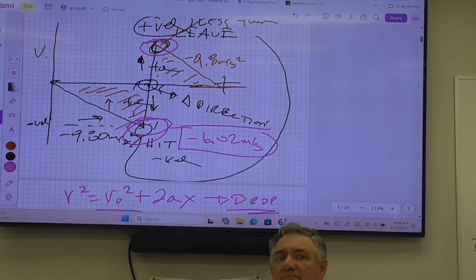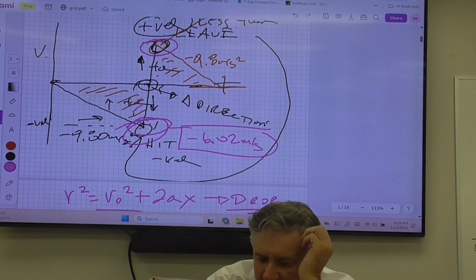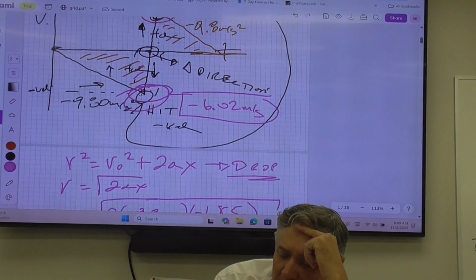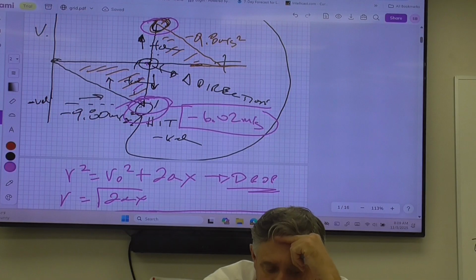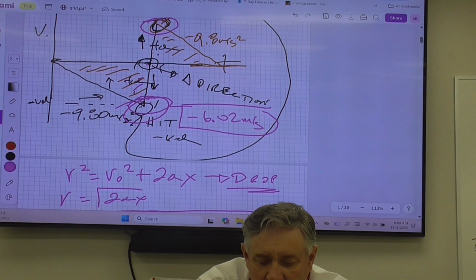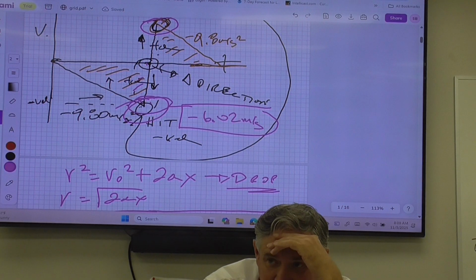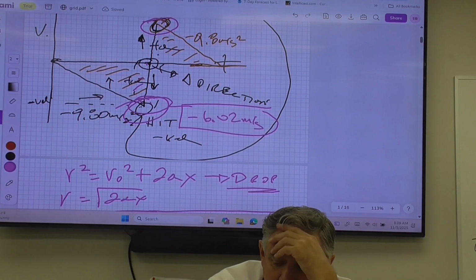If I get a number bigger than 6.02, I've done something wrong. Now, on the way up, do you know how far the ball goes? Yes, 1 meter. Do you know the acceleration on the way up? Yes.